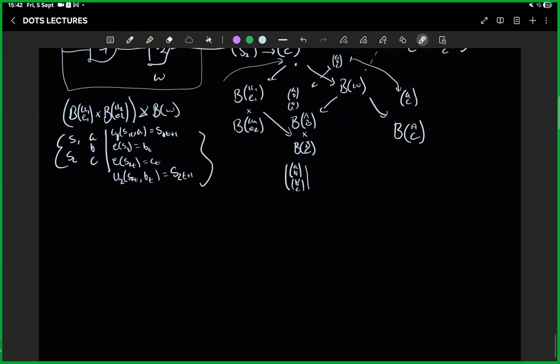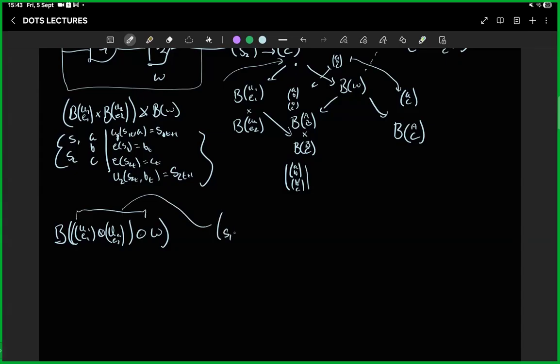Okay, but now we can ask a different thing, right? Which is we could put B over U1, E1, U2, E2 dot W, like all the way on the outside, right? Which is this composite. So what is this thing here?